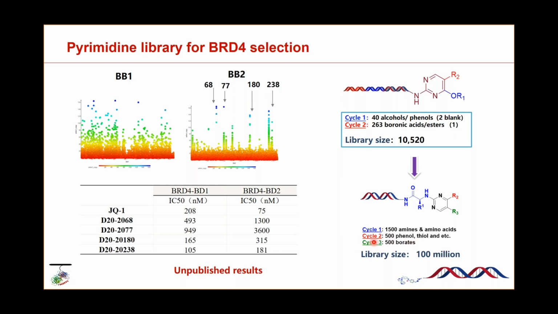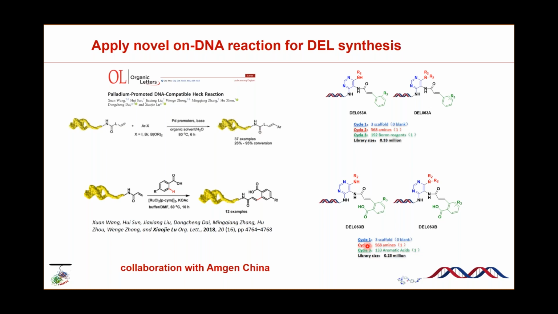We can also use traditional methods as a tool to do all kinds of cross-coupling reactions. One of the reactions we have done is the Heck reaction, and we have also done C-H activation reactions, because in the recent 10 years C-H activation has had a lot of publications. Taking advantage of these two novel reactions, we have designed and synthesized pyrimidine-based libraries, and we can do parallel library synthesis specifically at cycle 3.